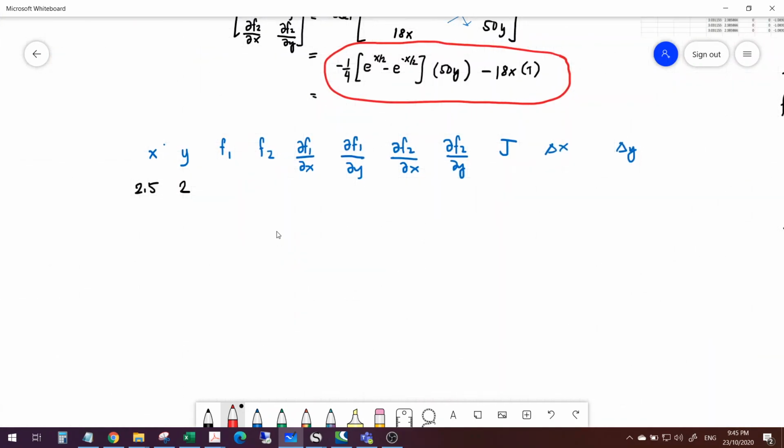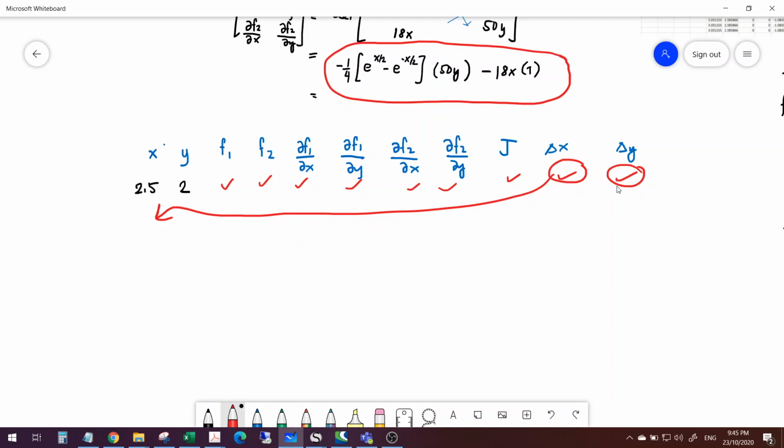And so that means I can now check this. If you know all of the values here, so you have delta x and delta y, that means this value will now be here. So just 2.5 plus delta x, that is your value here, and 2 plus delta y will be your value here.